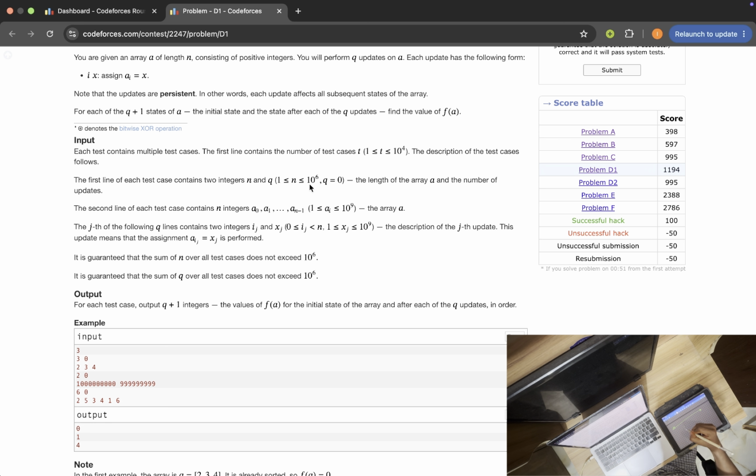Let's see. 1, 2, 3, 4, 5, 6. 0, 0, 1, 0, 1, 0, 0, 1, 1, 1, 0, 0. 5 is 101, 6 is 110. Okay. Let's do 7, 111. Let's do 8, 1000. Okay. With it, it's obviously gone.